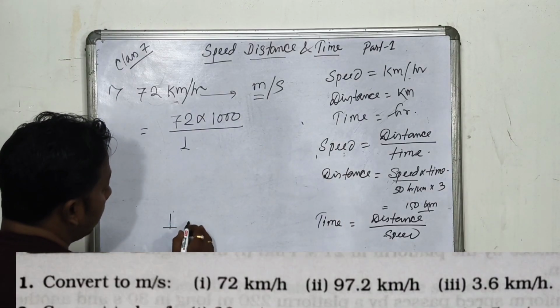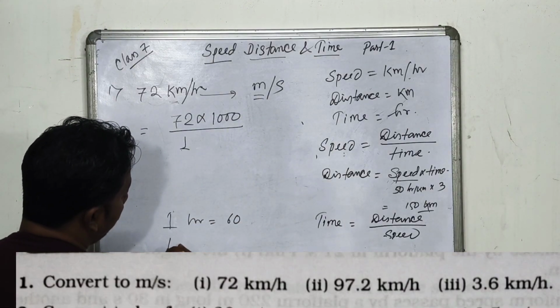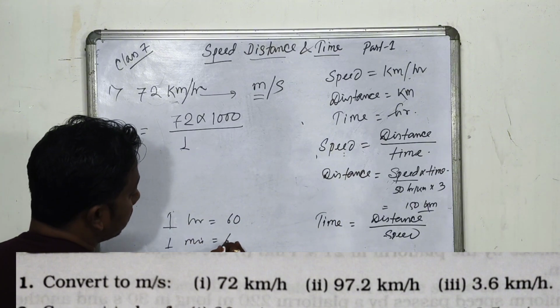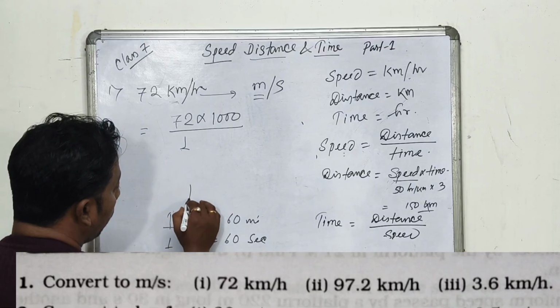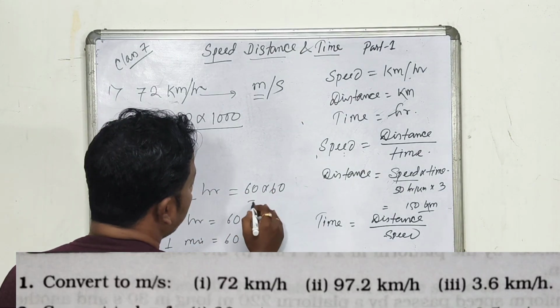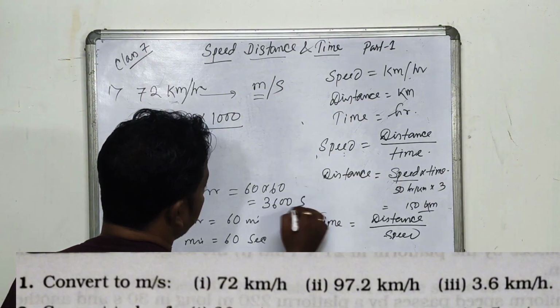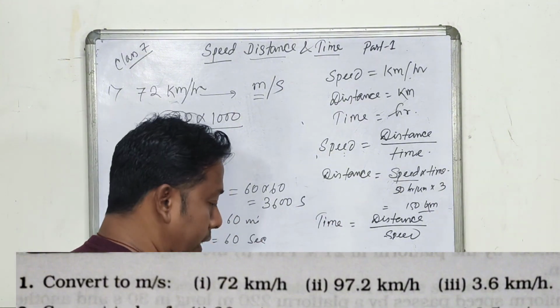So 1 hour equals 60 minutes and 1 minute equals 60 seconds. Therefore 1 hour equals 60 into 60, that is 3600 seconds. Clear? Directly you can write 1 hour equals 3600 seconds.